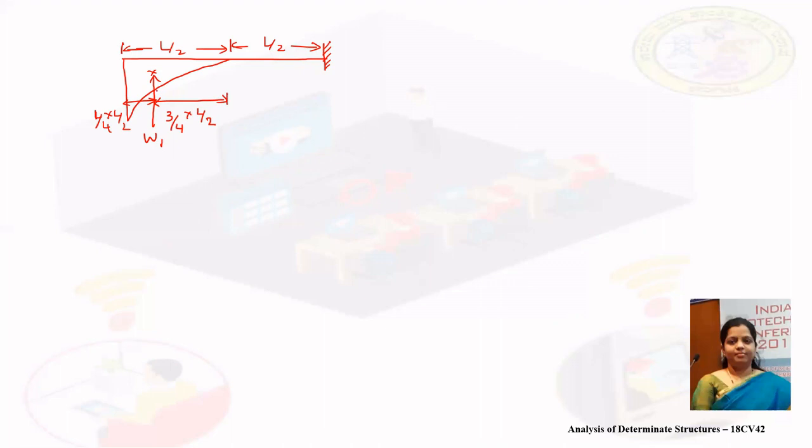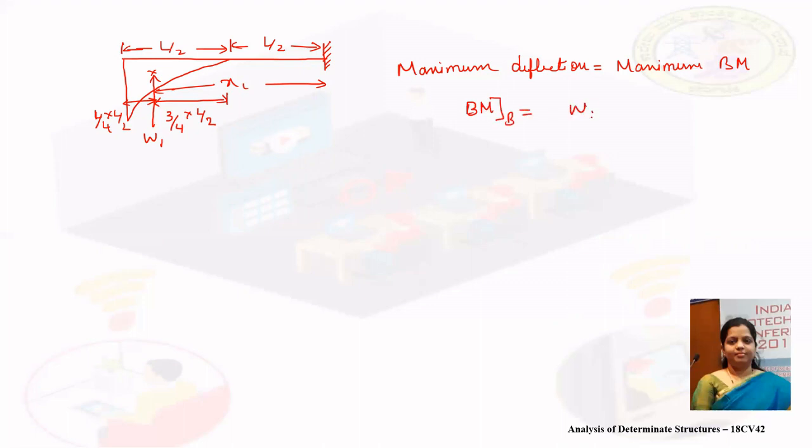So our x1 will be 3 by 4 times of L by 2 plus L by 2. So according to the conjugate beam theorem, maximum deflection is equal to maximum bending moment. Therefore, maximum bending moment at B can be calculated as W1 into X1.